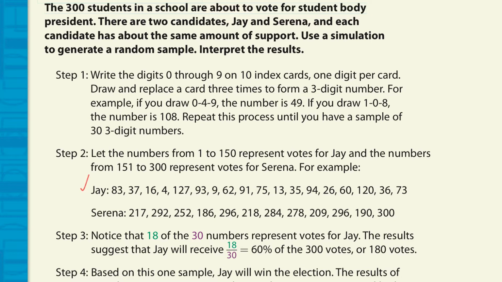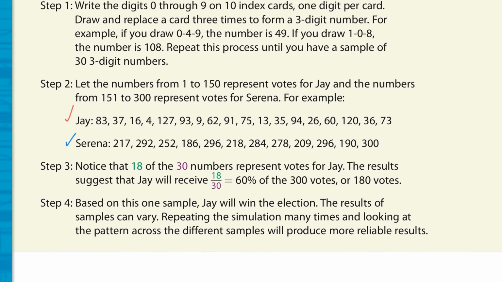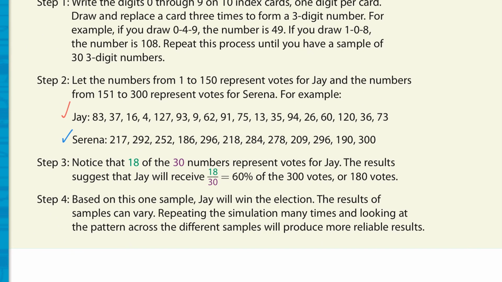And then all the votes for Serena ended up being here. So 18 of the 30 are for J. So if 18 out of the 30, here they've already calculated 60% of the 300 votes, or 180 votes. Based on the sample, J would win because he got 18, and she must have got 12 then, right? 1, 2, 3, 4, 5, 6, 7, 8, 9, 10, 11, 12.